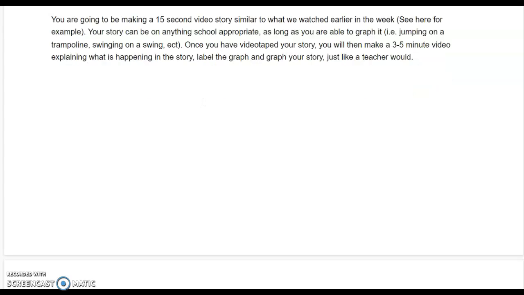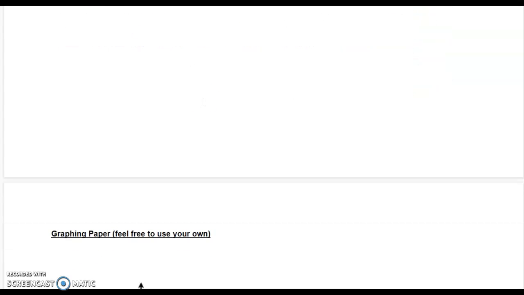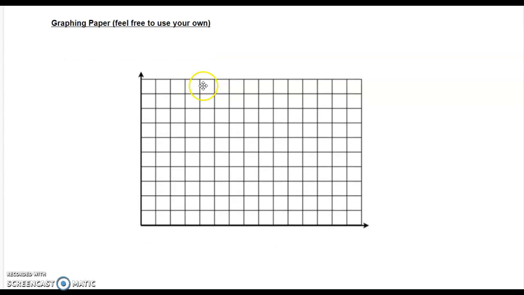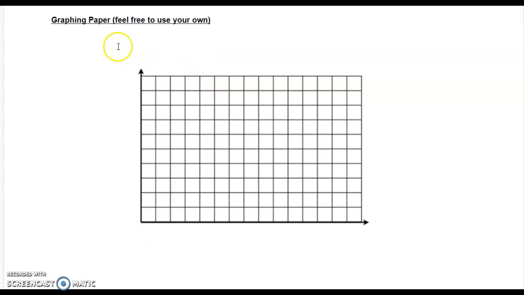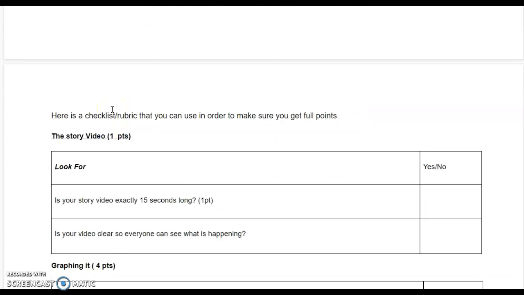As you continue on, I'll show you where the checklist is just in case you're confused or have any questions. Feel free to use your own graph paper or your own graphing method, but here is an example template you can use for your video.